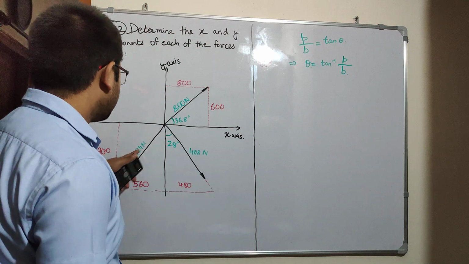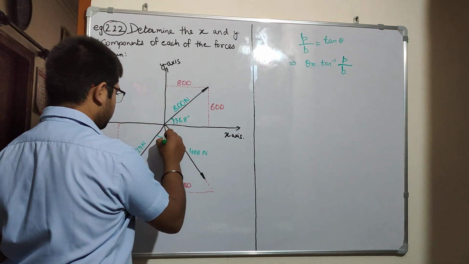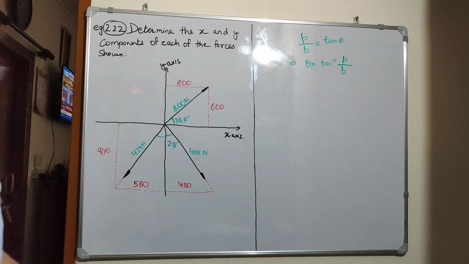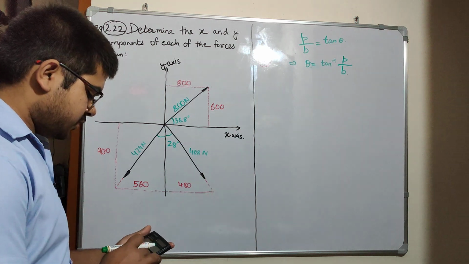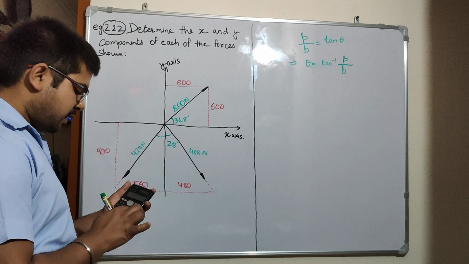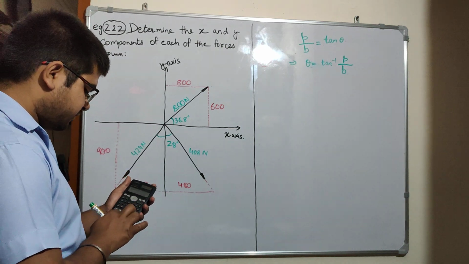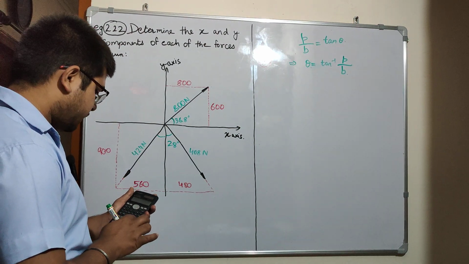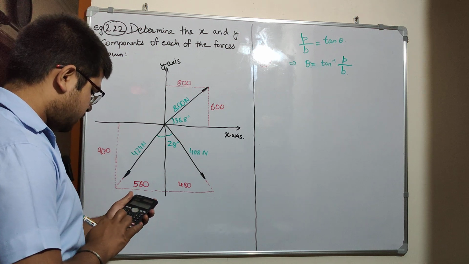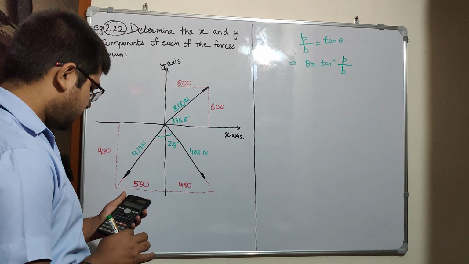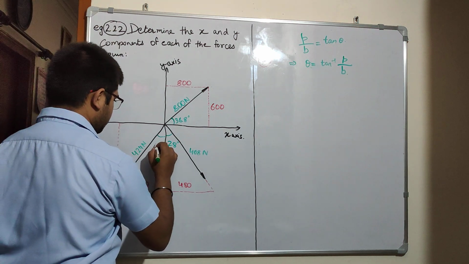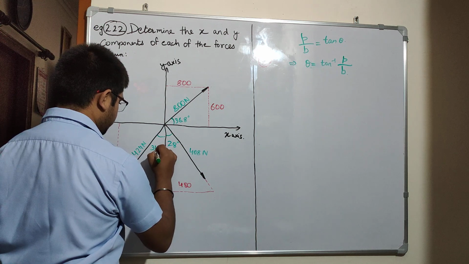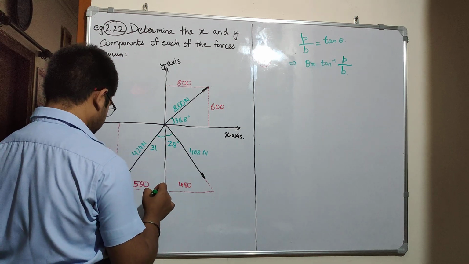Then for this angle, it is 560 divided by 900. Shift tan inverse 560 divided by 900 gives 31.9 degrees.